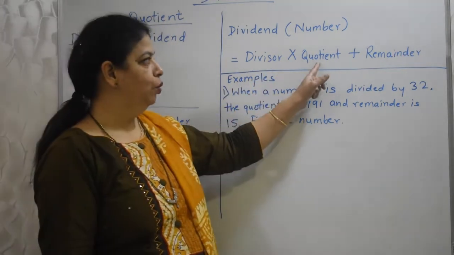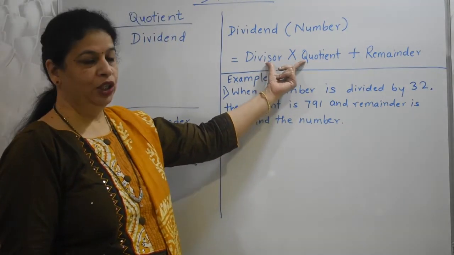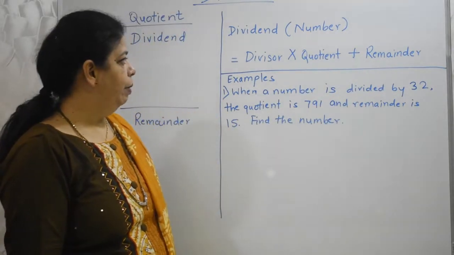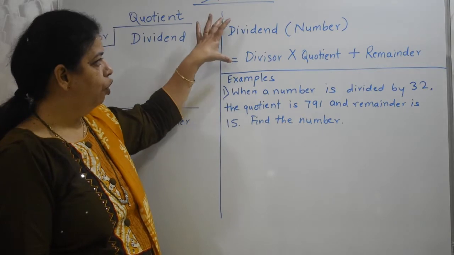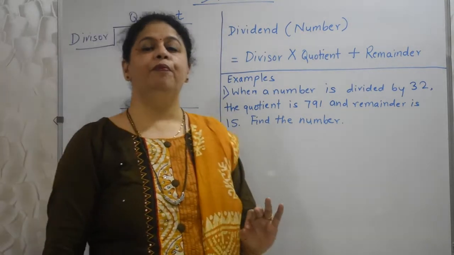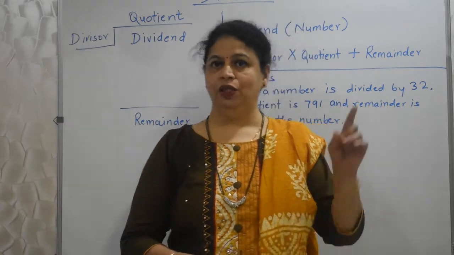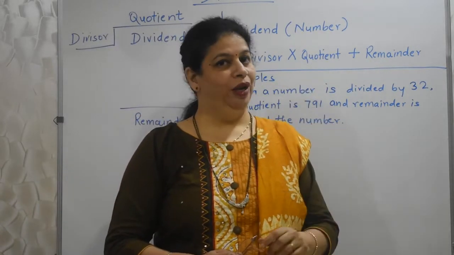See, divisor into quotient plus remainder. First you will do the multiplication and then we will add the remainder. So this formula is very important, and sometimes straightforward questions based on this formula are asked. So you should know this formula very well.